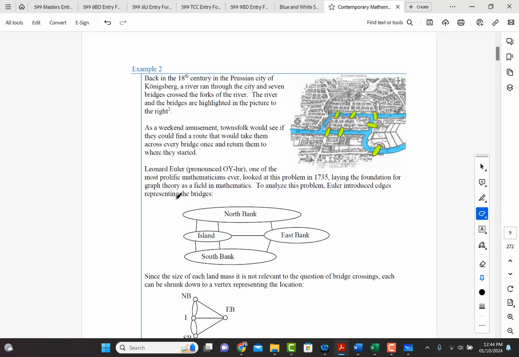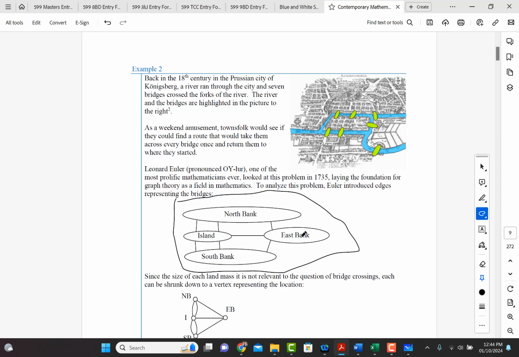Okay, so if you look at this graph down here, these lines connecting the north bank to the island are edges, as well as the line connecting north bank to east bank. Okay, so those are the edges.